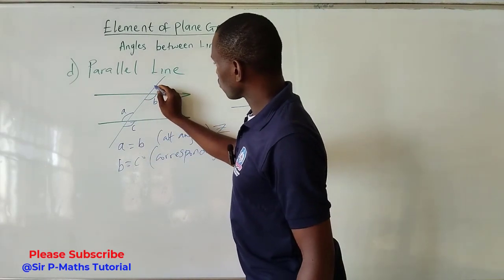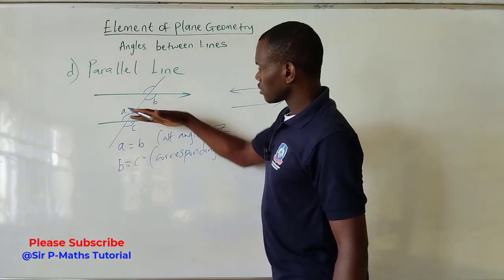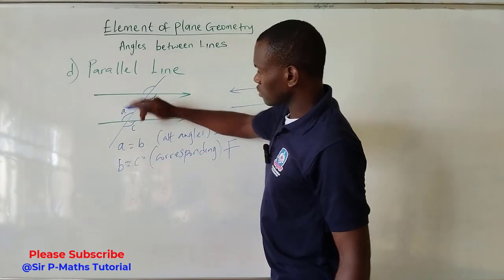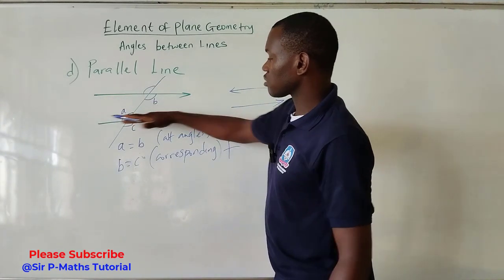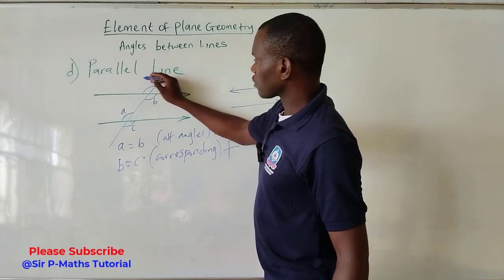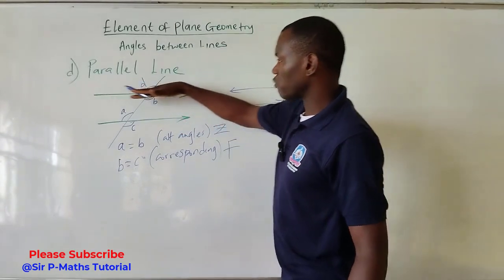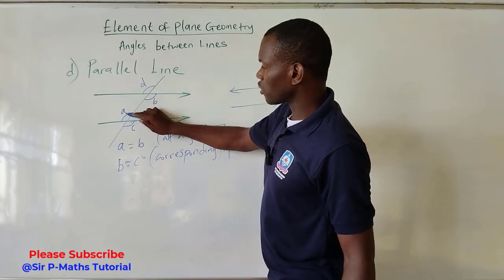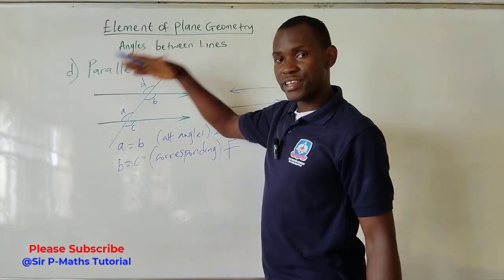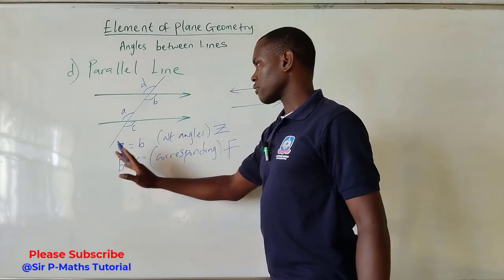Now, I can also obtain an angle outside here. Let's look at this. Look at this parallel line. This angle here, A, is formed on top of this horizontal line. Now, let's call here D. Observe also that D is formed on top of this horizontal line. So both of them, D and A, are formed on the same face and the same side of the transversal.